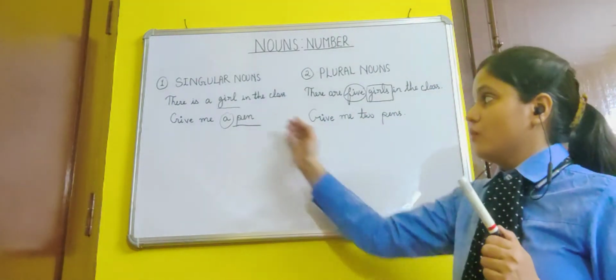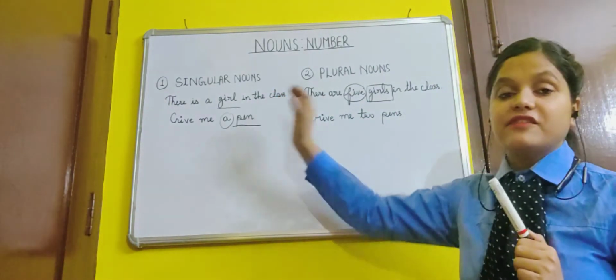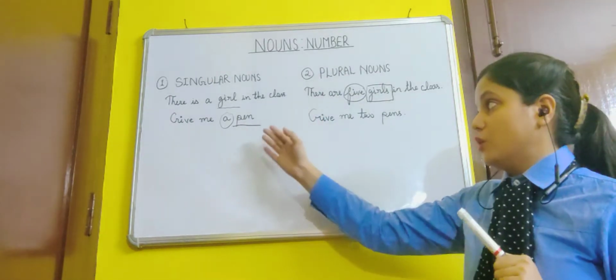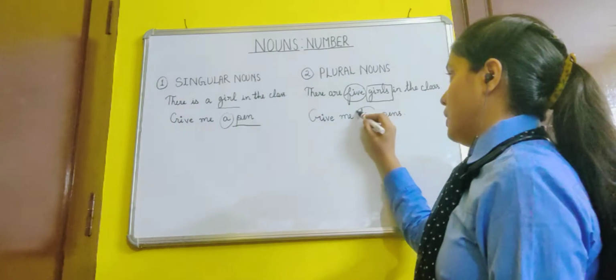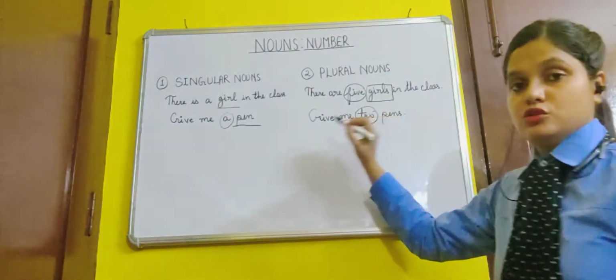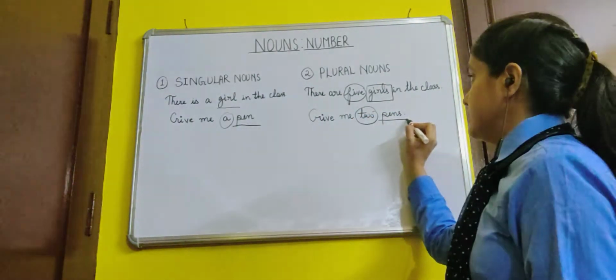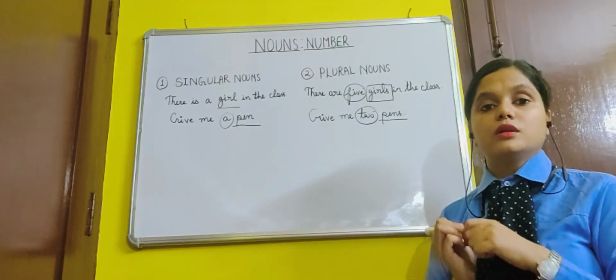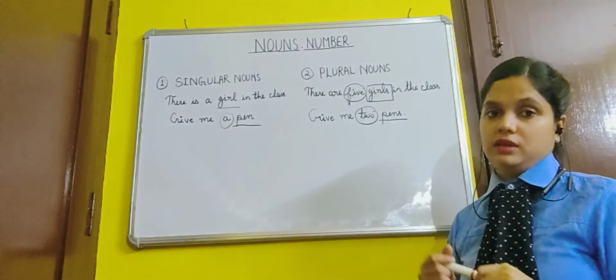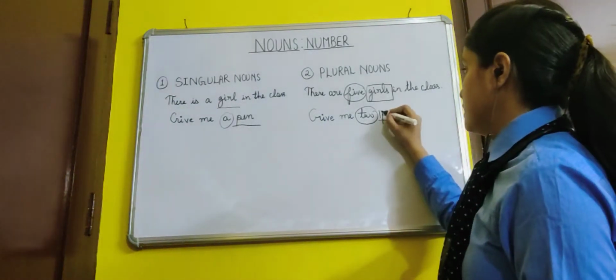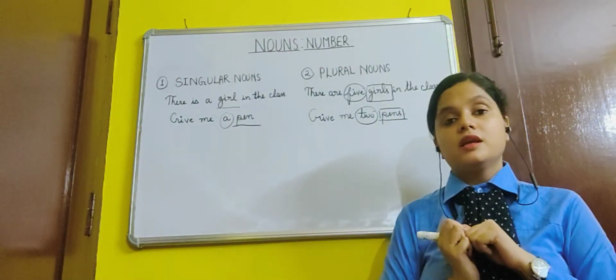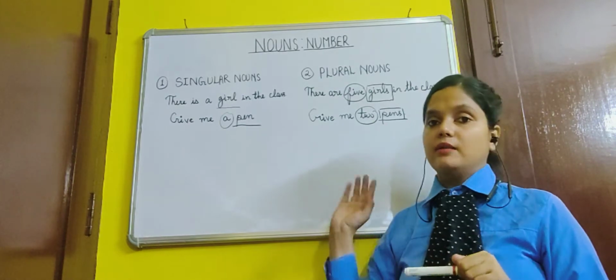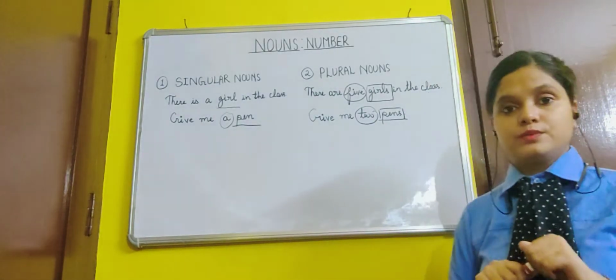First we were talking about only one unit, but now I want more than one pen, so I use the plural number of noun. So this is the difference between singular number and plural number of nouns.